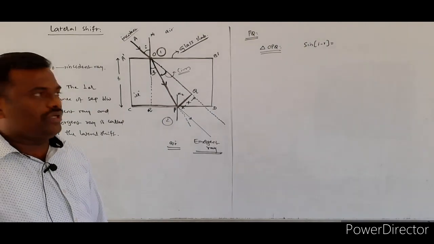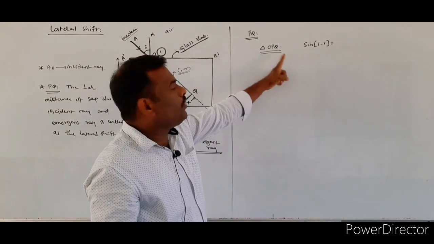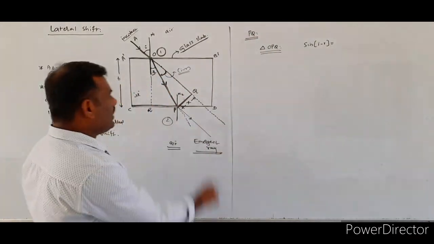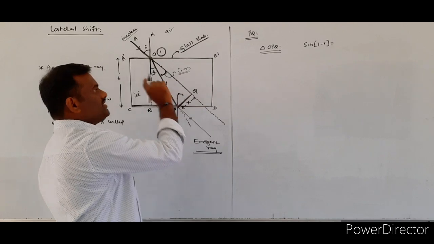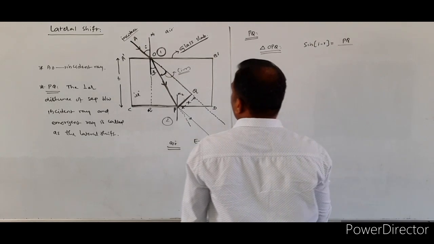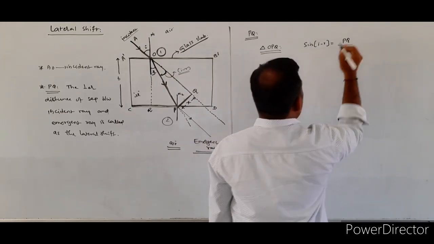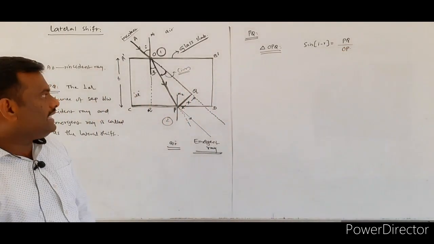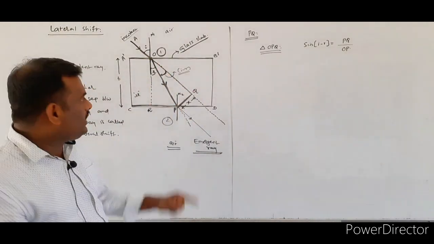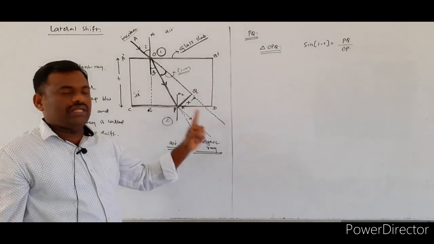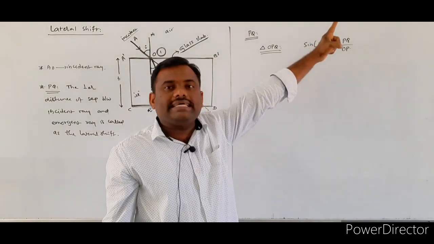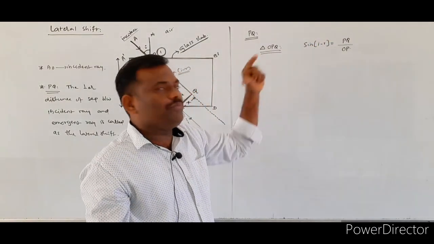Sin theta is equal to the opposite side by the hypotenuse. The opposite side is PQ, and the hypotenuse is O2P. So sin of i minus r is equal to the opposite side by the hypotenuse.